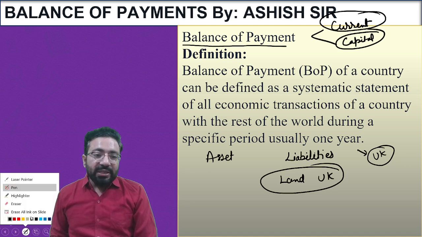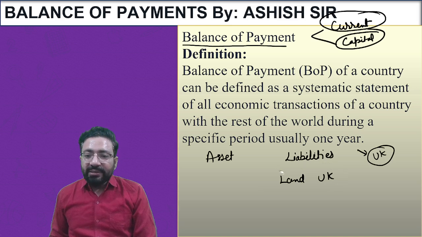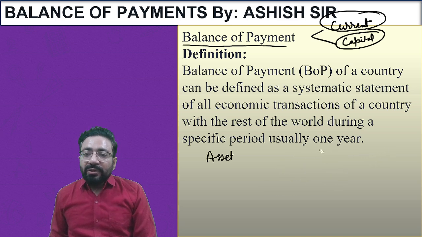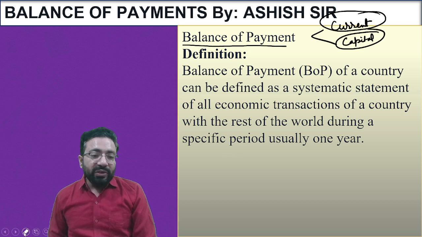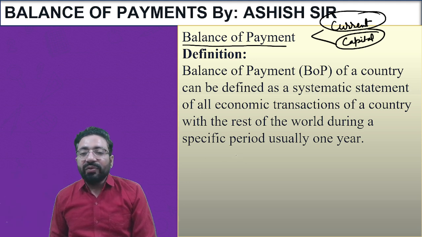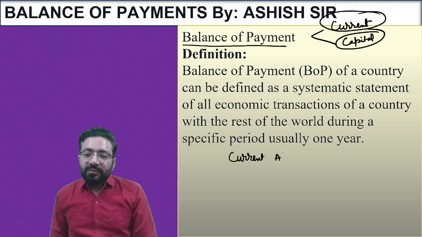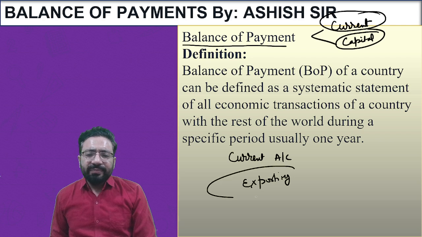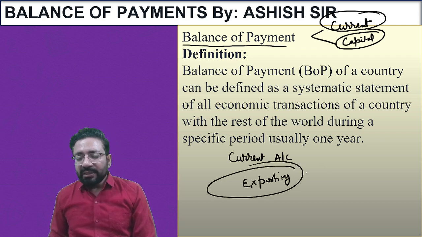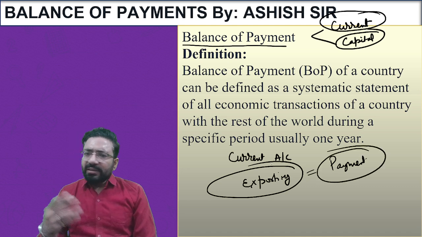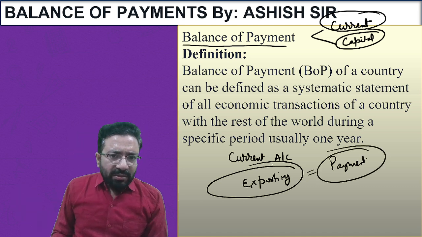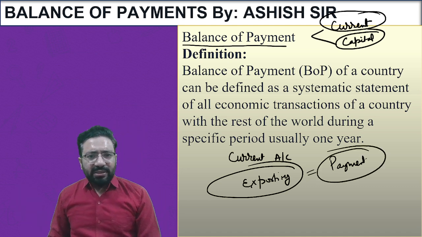So for current account and capital account, you must know that the current account records all those transactions which do not affect the asset and liability status of a country. Like we are exporting something, we are getting payment in terms of foreign exchange. Nothing is there that can create a liability or asset in terms of foreign exchange.